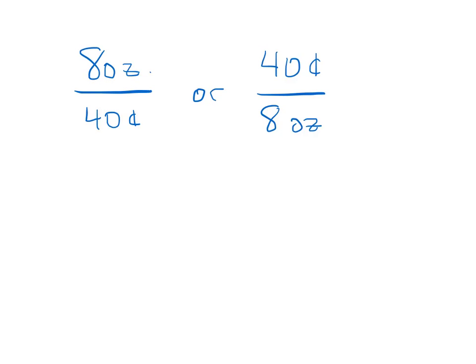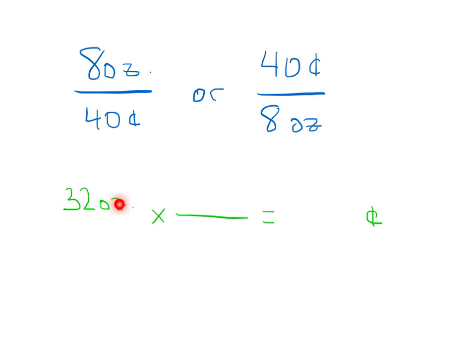So B, find the cost of 32 ounces of the solution. So, alright, I want to know how much 32 ounces is, and I will multiply that by a fraction, and I want to end up with cents. I want to know how many cents that is. So, to do this type of problem again, I've got this possible one and this possible one.